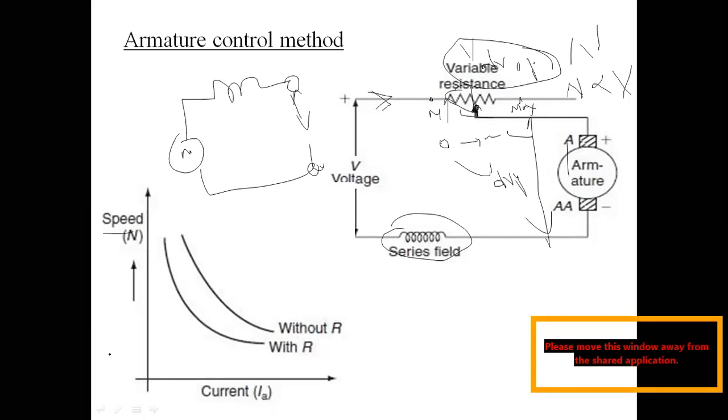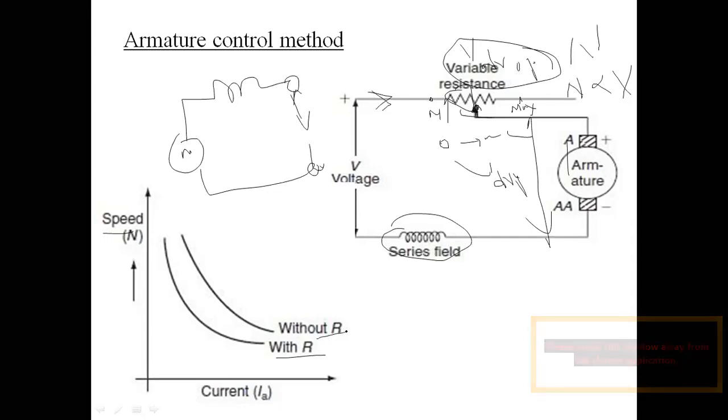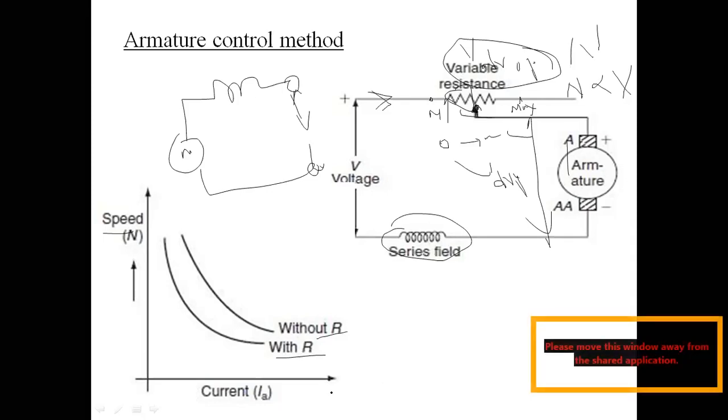Just recollect from the previous methods which we used in the field control methods: by using a resistor and without using a resistor, how the characteristics differ. Let me explain these characteristics.